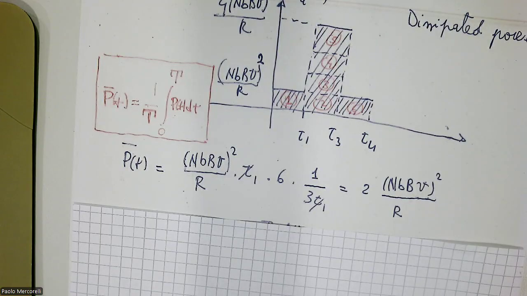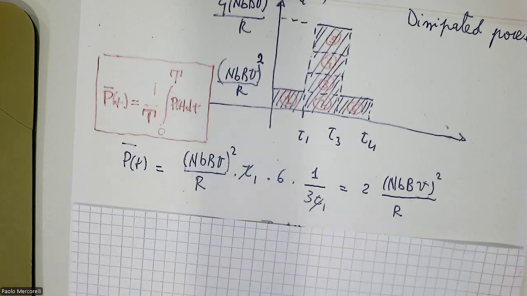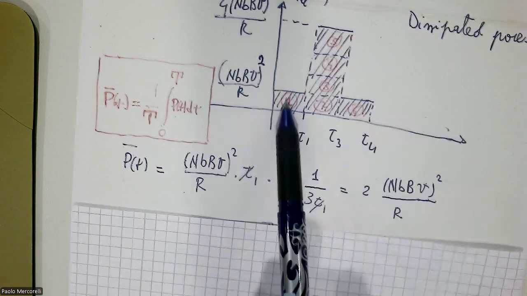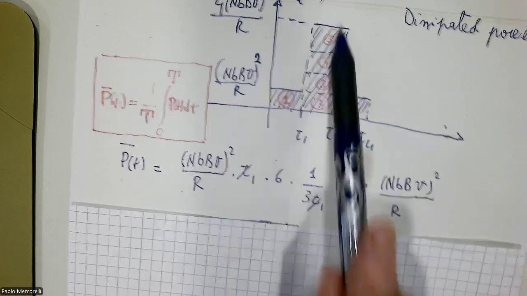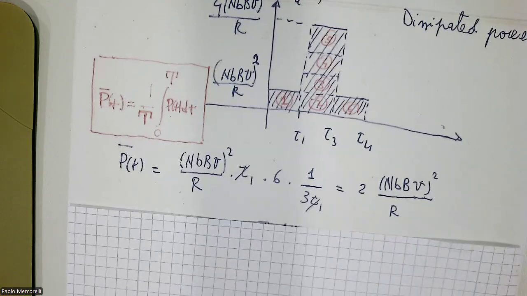Look at this. It is a rapid way to calculate the mean value. How can we justify this short form to calculate the mean value? Look, I put here 1, 2, 3, 4, 5, 6 surfaces.